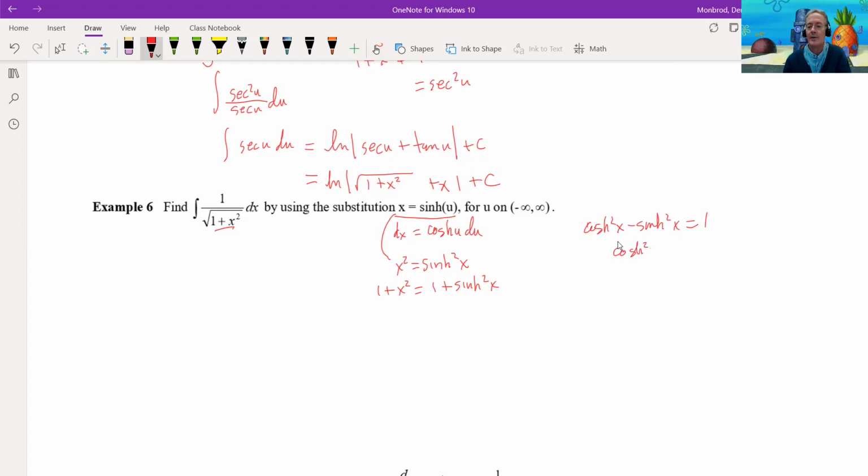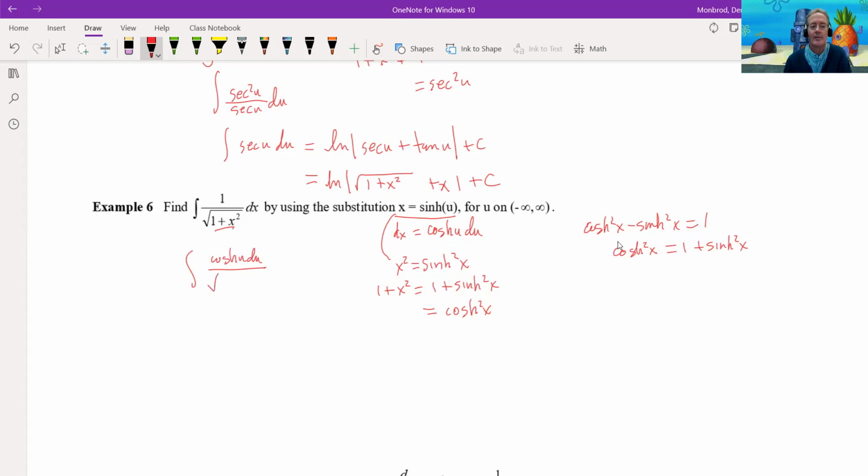Just moving that sinh over, we get this. Which means I can replace over here cosh squared for that. Which means over here now I have my dx, which is cosh u du.